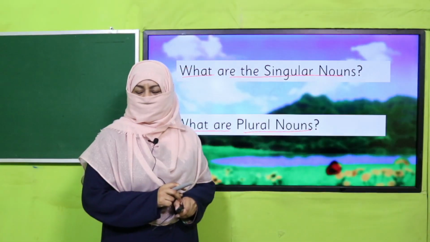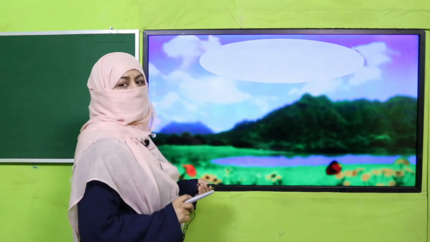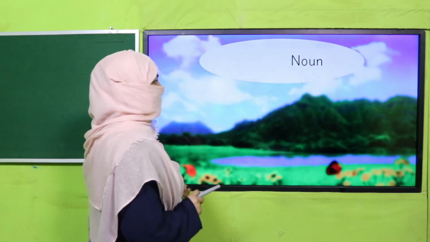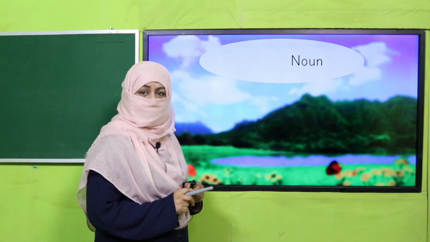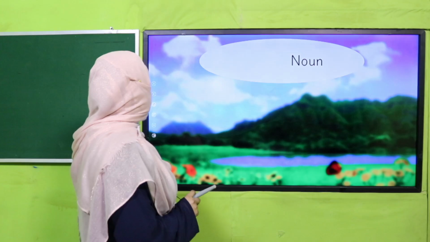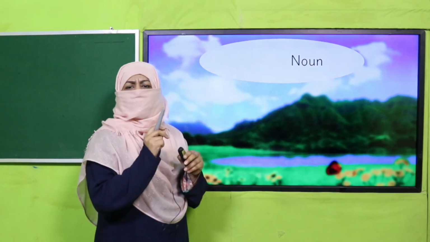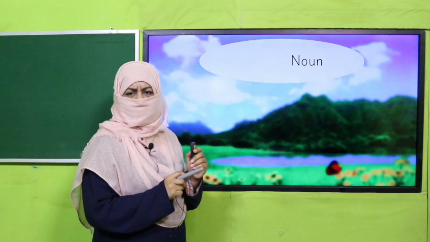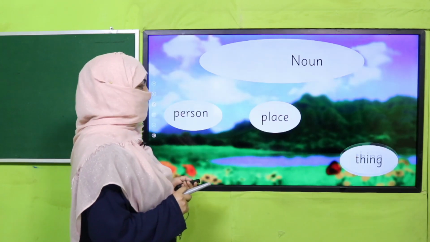Yes, my dear children, I hope you could recall the concept. Let me give you a few clues. Noun, we have already learnt a lot about it. Noun is the naming word of everything around us which we can feel, hold, touch or see, and these nouns may refer to person, place or thing.